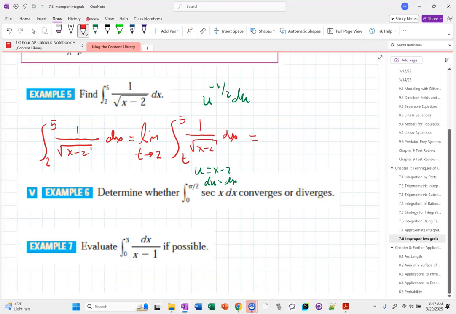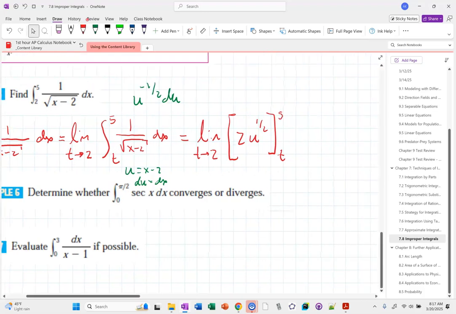So this just becomes the limit as t goes to 2 of 2 u to the 1/2 from t to 5.